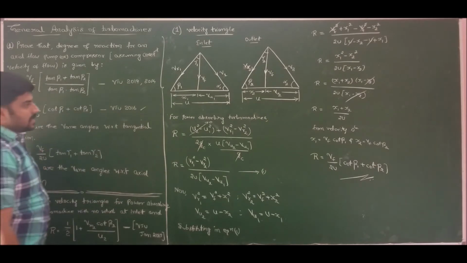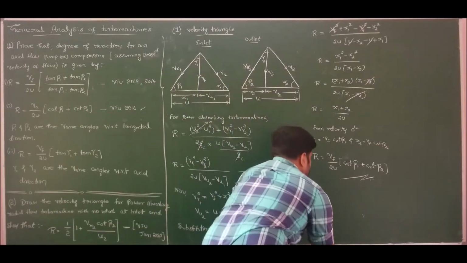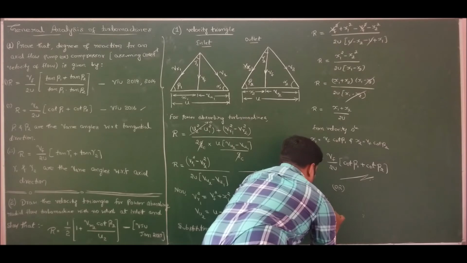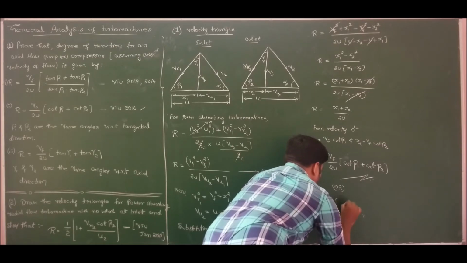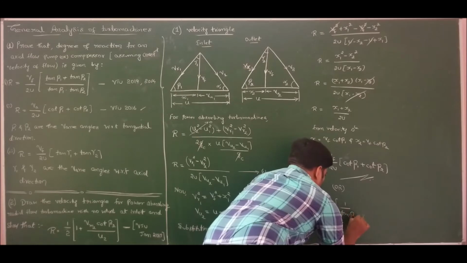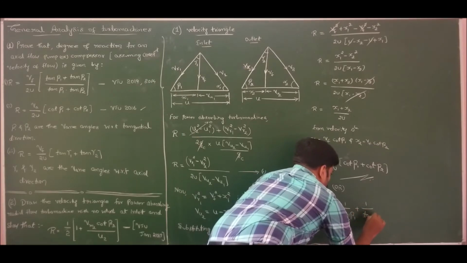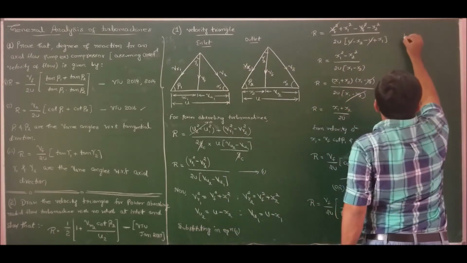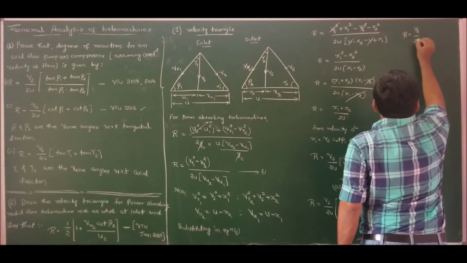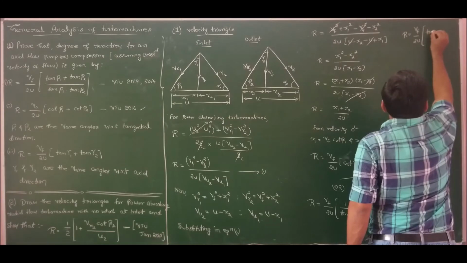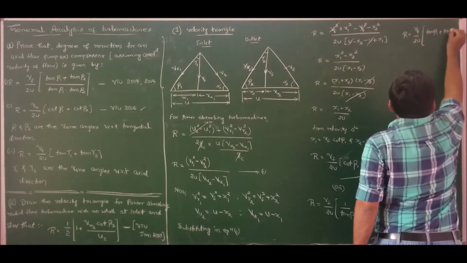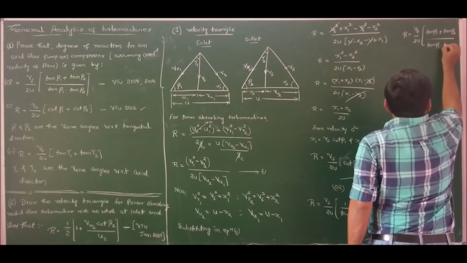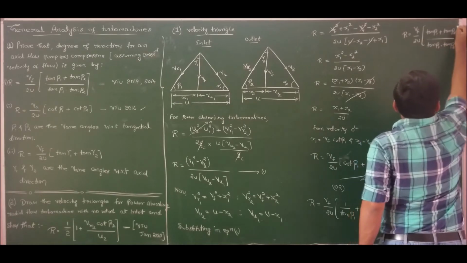Now if I am asked for the first form of proof, I can further resolve it as R is equal to Vf by 2u of 1 by tan beta 1 plus 1 by tan beta 2, which is nothing but R is equal to Vf by 2u times (tan beta 1 plus tan beta 2) divided by tan beta 1 into tan beta 2.